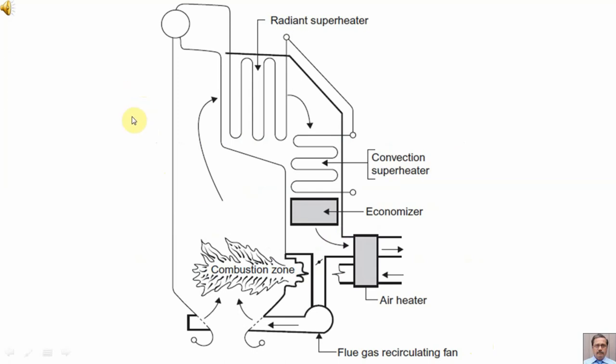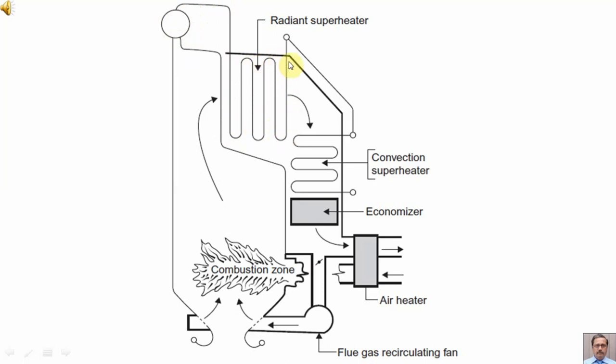In this schematic diagram of a boiler, we can see that the saturated steam is coming from the top of the boiler drum. Then it is passing through the radiant superheater.